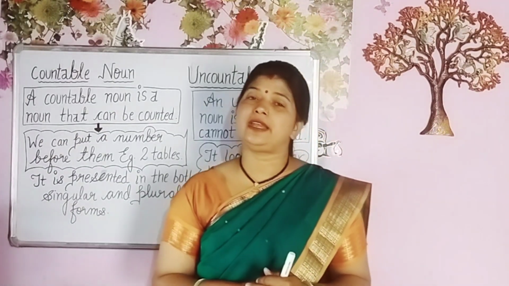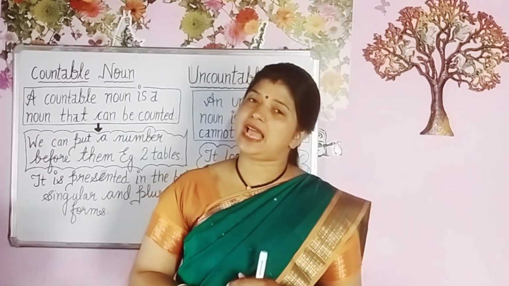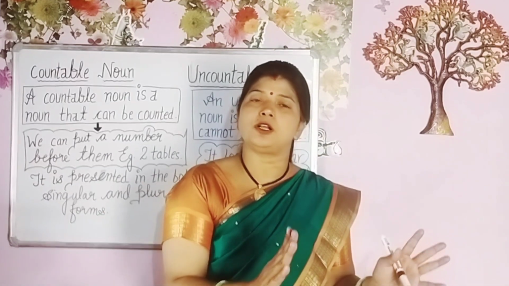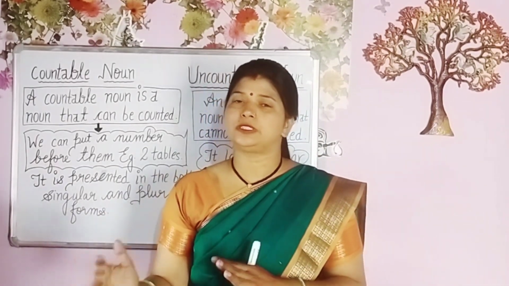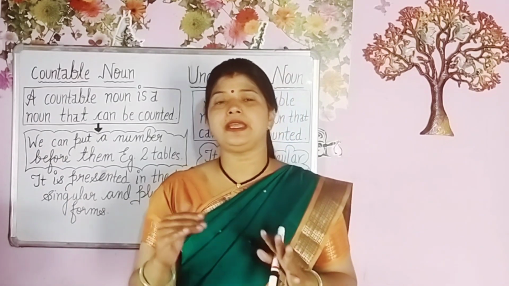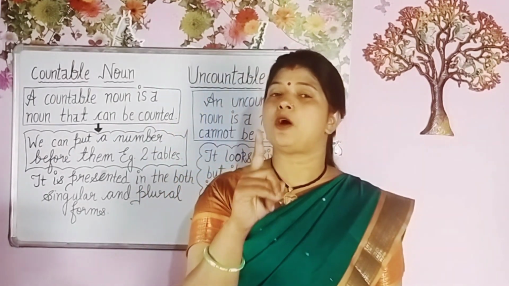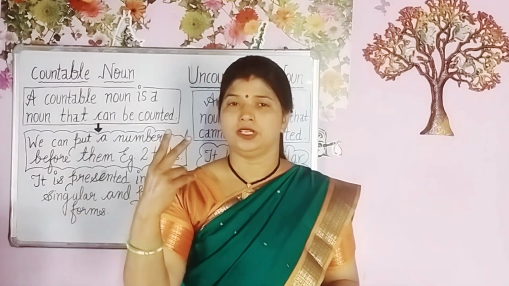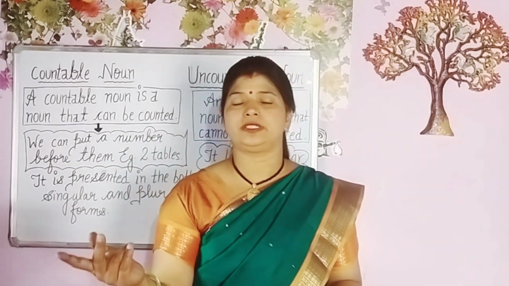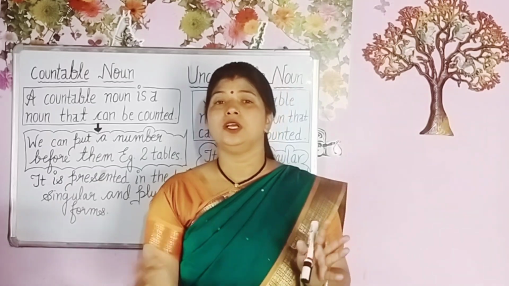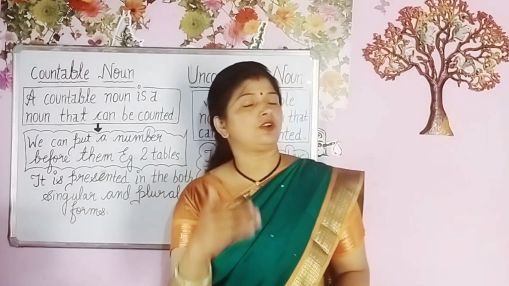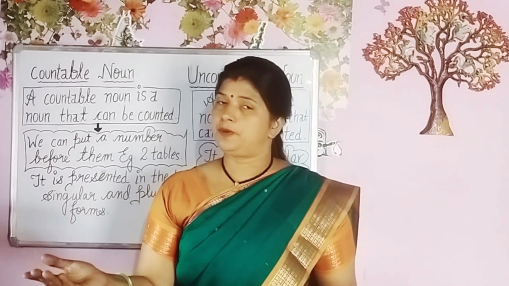Singular means when we are talking about one, and plural when we are talking about two or more than two. So we can present it both in singular form and in plural form.